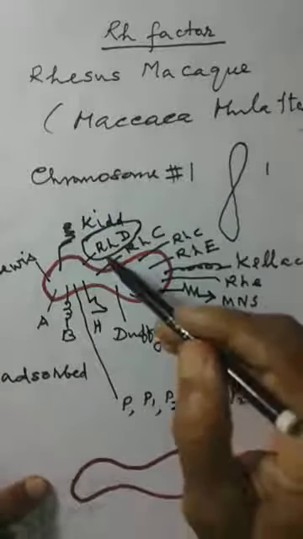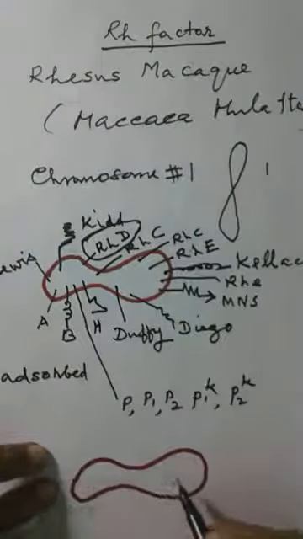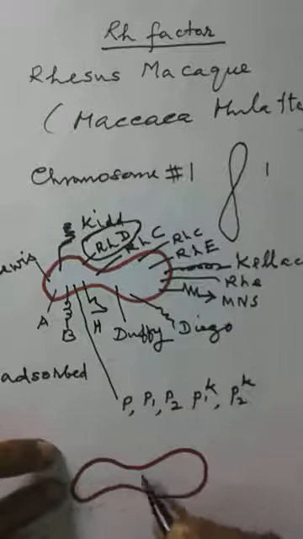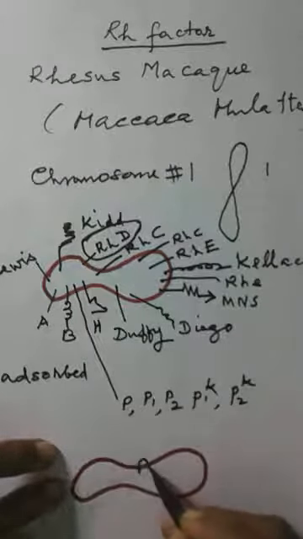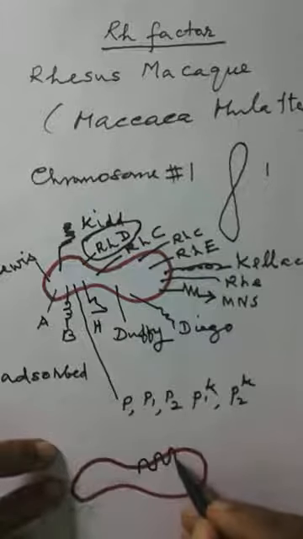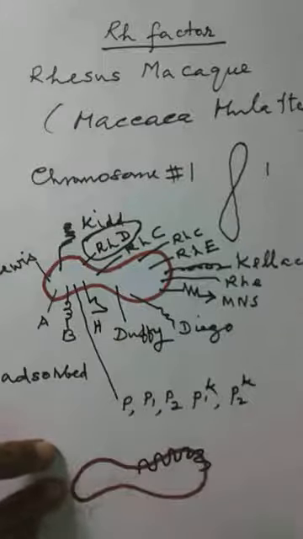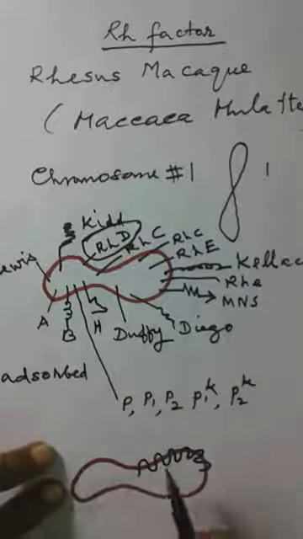This RHD is lying on this surface like a snake, like this. 12 times this is crossing the RBC membrane.